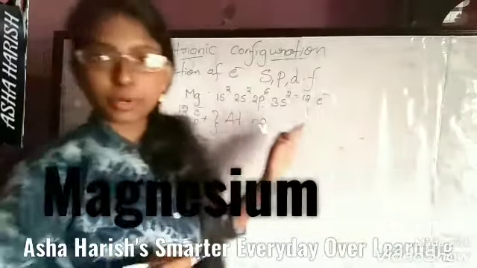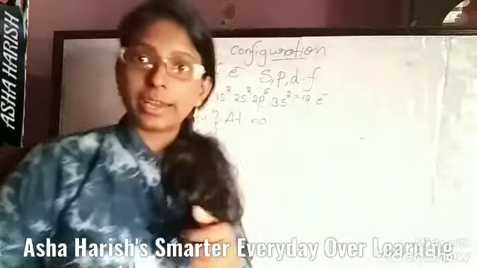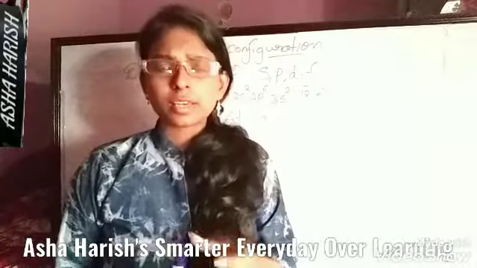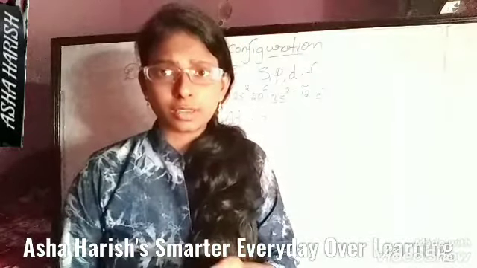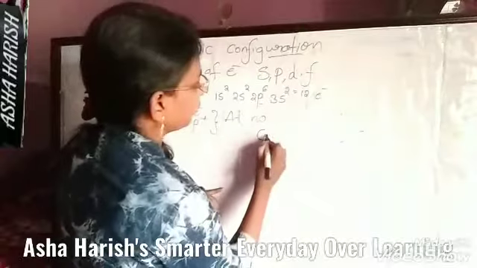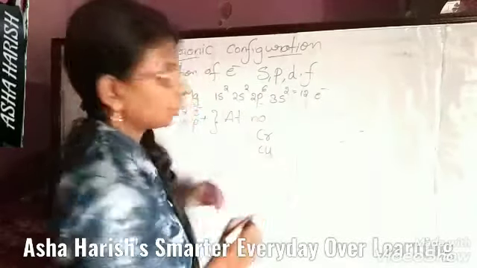This is about the electronic configuration and its definition. Some exceptional configurations are there in electronic configuration. The first is chromium and the second is copper.